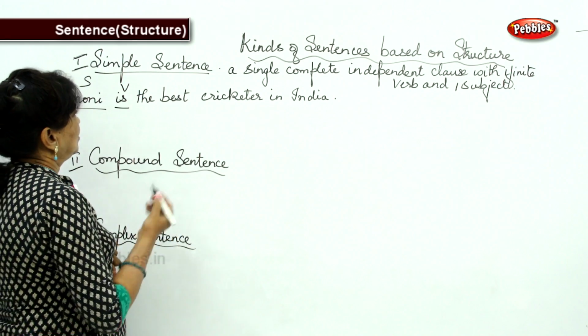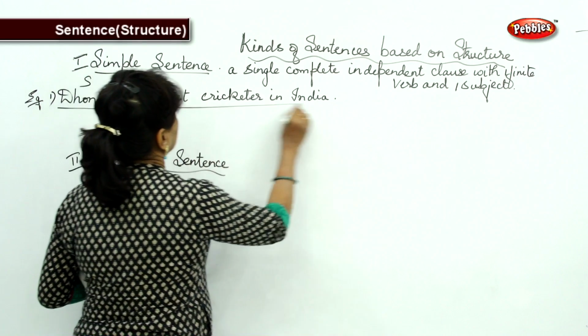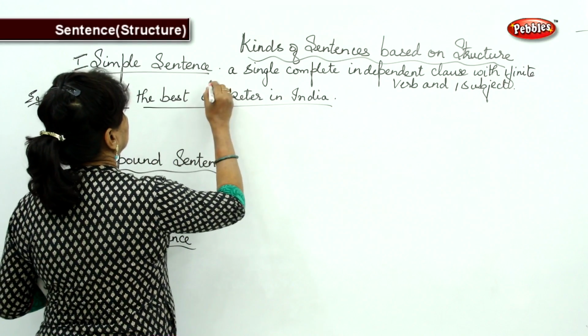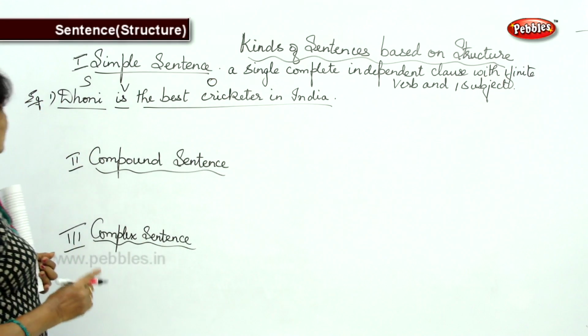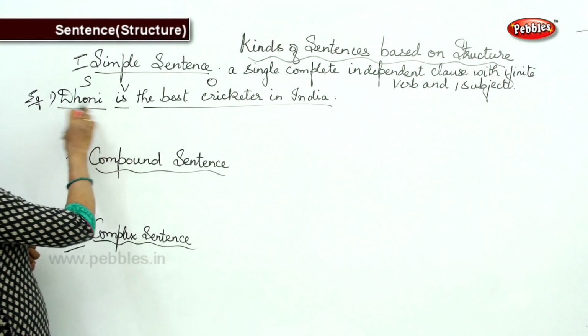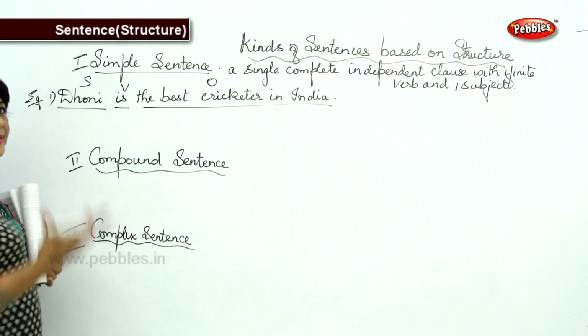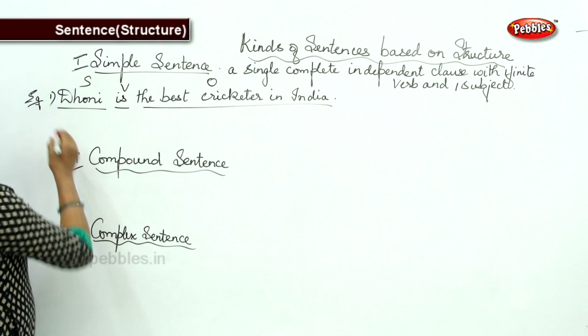Dhoni is what? The best cricketer in India. This is the object in the sentence. So it has only one finite verb and one subject, and it doesn't depend on anything.